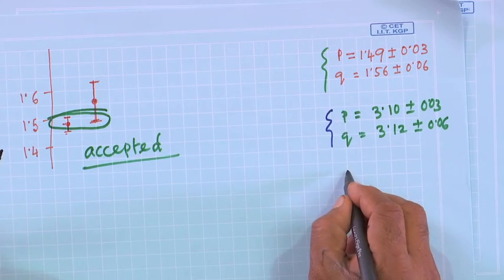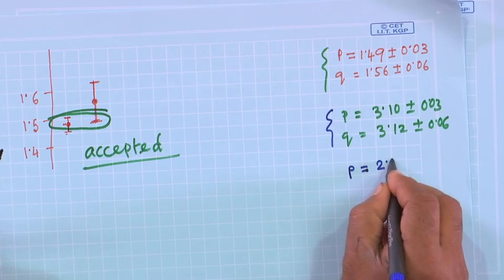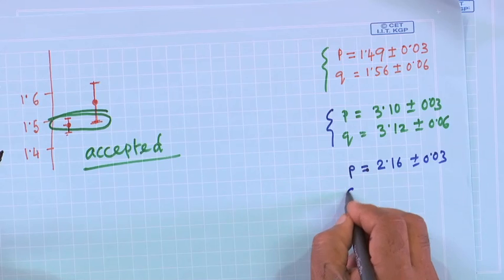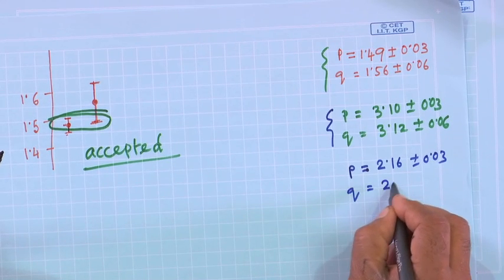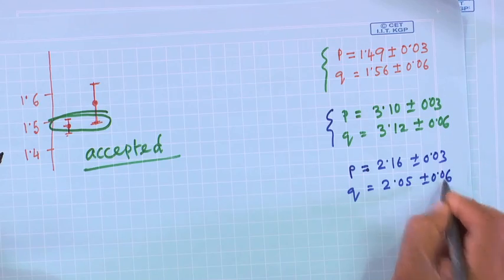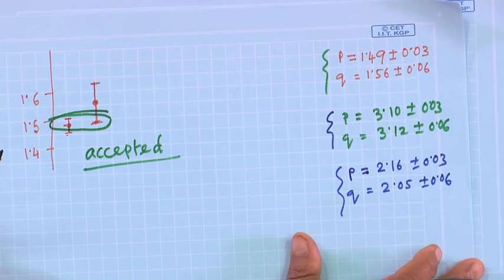If you repeat this experiment, then a third set of data you will get, say 2.16 plus minus 0.03 and Q equal to 2.05 plus minus 0.06. So these three sets of data you have taken.